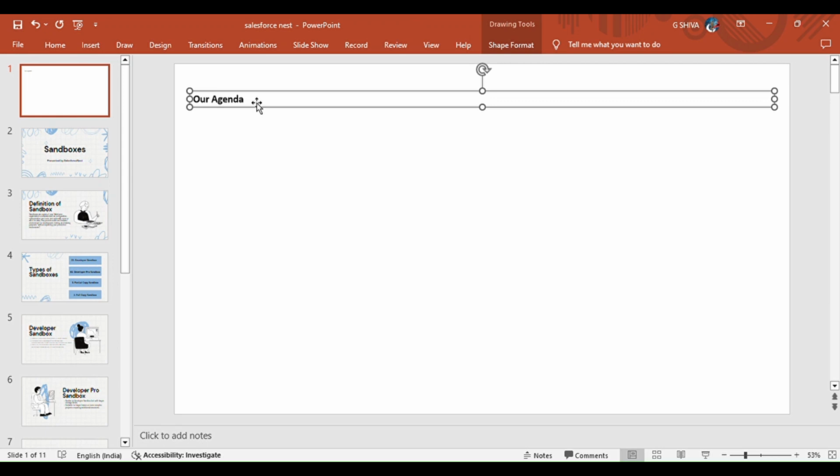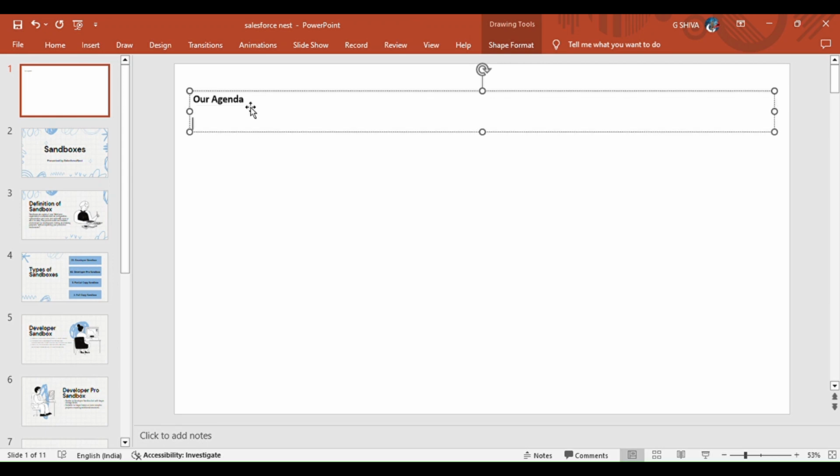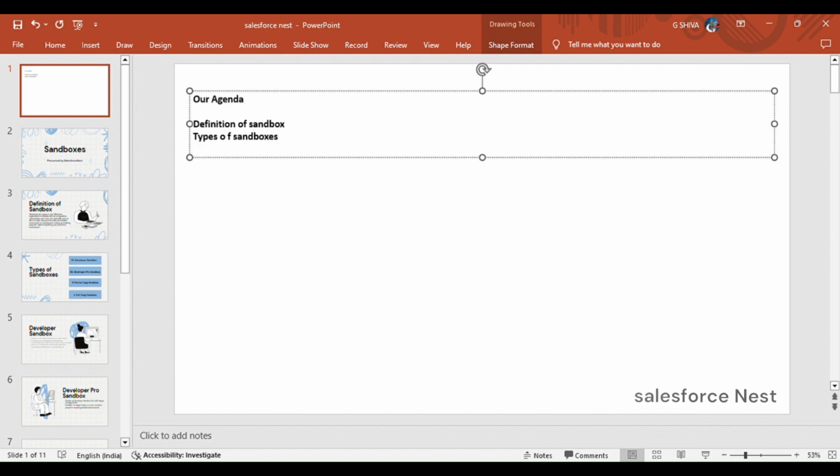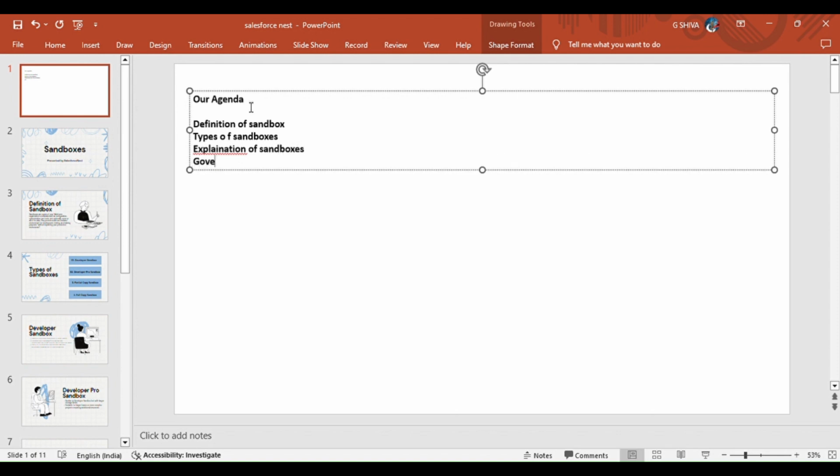Today we're going to learn about sandboxes. Our agenda is the definition of sandbox, the types of sandbox and how many types we have, an explanation of every type of sandbox, governor limits, and also a few more things about the sandbox.